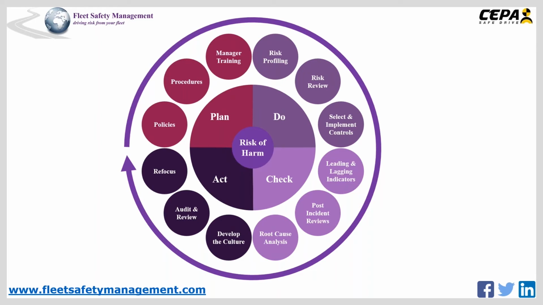We're looking at the check process, looking at the data, looking at post-incident reviews, and most importantly, looking at root cause analysis. But as I said earlier, there are implications even if we're just looking at this one area, because what we learn from this process can actually dictate how we act. It can change our policies, our procedures, our manager training. There are implications all around this ongoing risk management process.